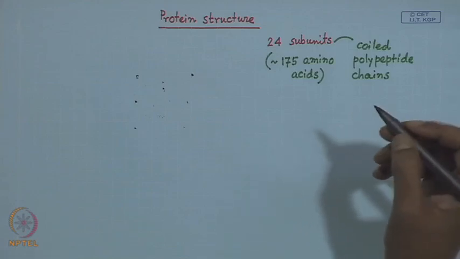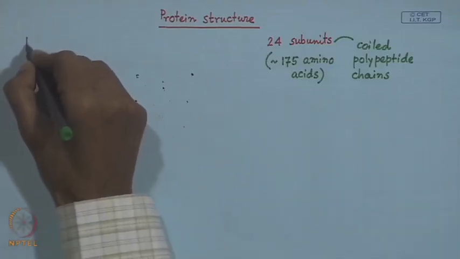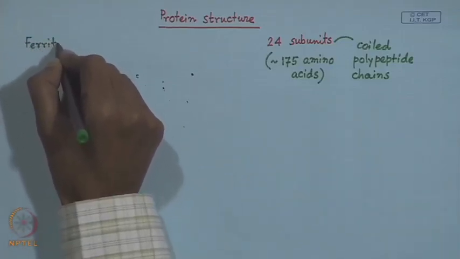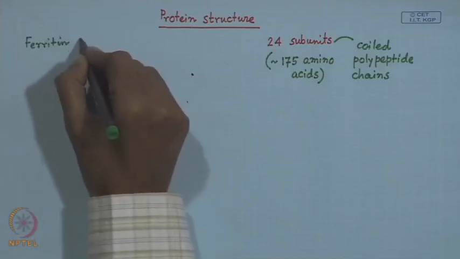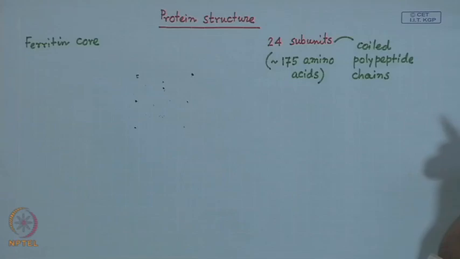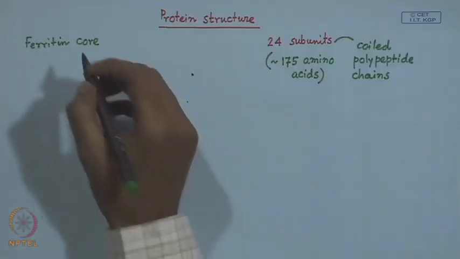Okay. So, in the ferritin core, not only the composition, but also we can determine the percentage of iron, and from that determination we can also find out the number of iron atoms present within the core, and that is also a very big number.